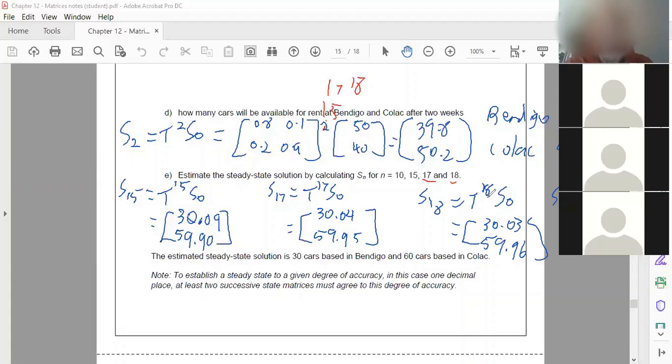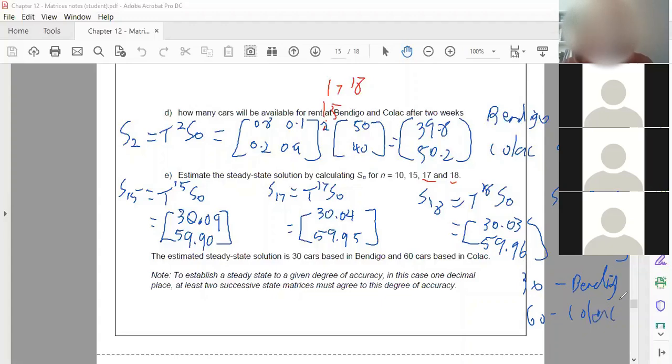Instead of doing all this, 50 would be the easiest one. Okay, and you get 30.0 again and 59.9 again. So it's going to be 30 in Bendigo, and it's 60 in Colac, because you can see 59.95, 59.96, they're all 59.9.